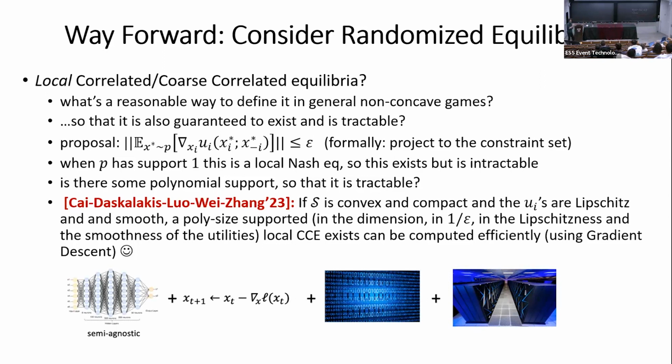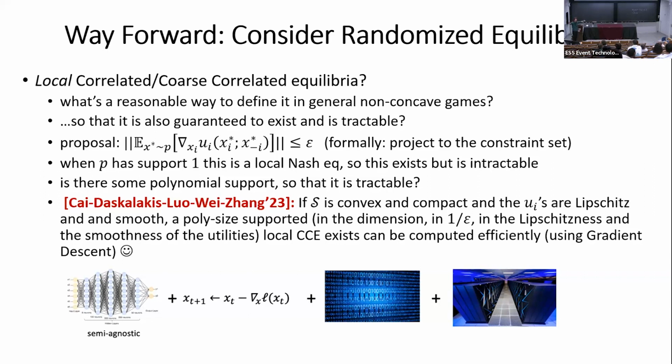So I want to propose that this, or a variant of this, is a good starting point for multi-agent deep learning. Just to remind you, my thought process was: global Nash doesn't exist, so we have to do some compromised notion of equilibrium. The natural one was local Nash. Those did exist, but were intractable.